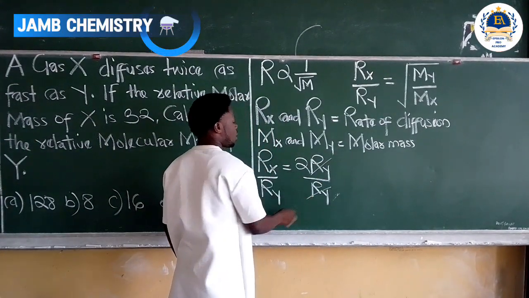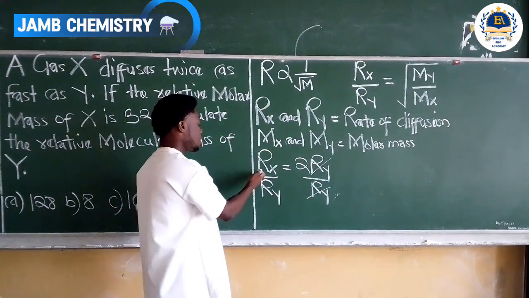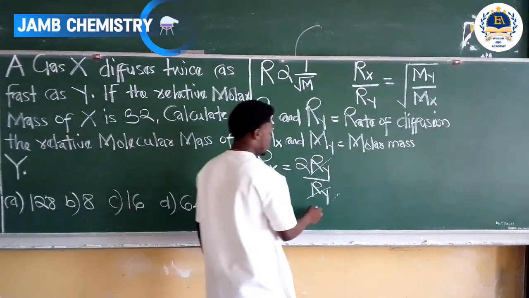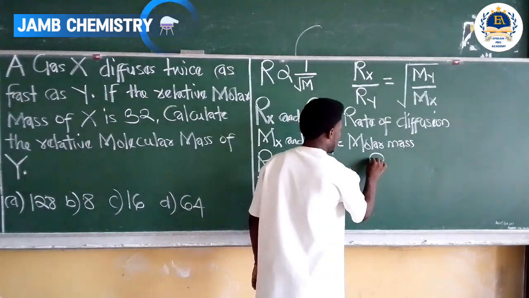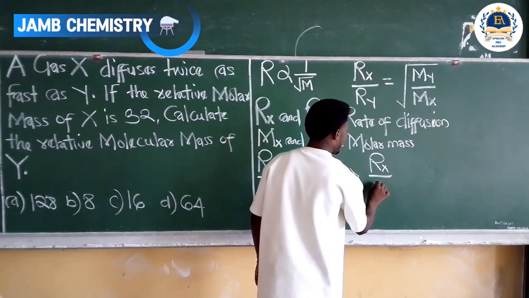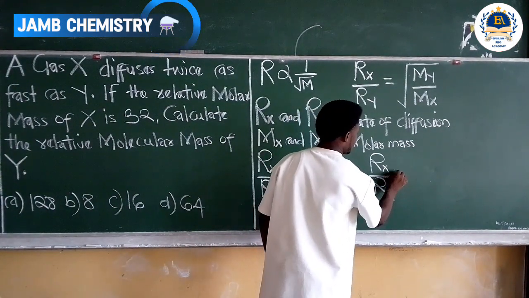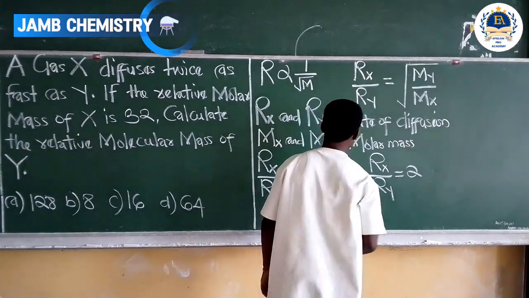Ry cancels Ry, we are left that Rx over Ry is equal to 2.